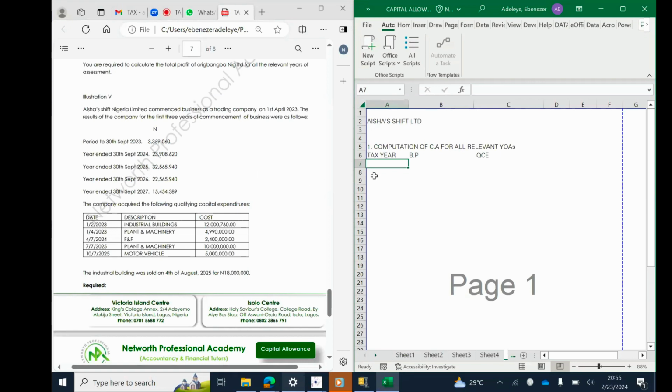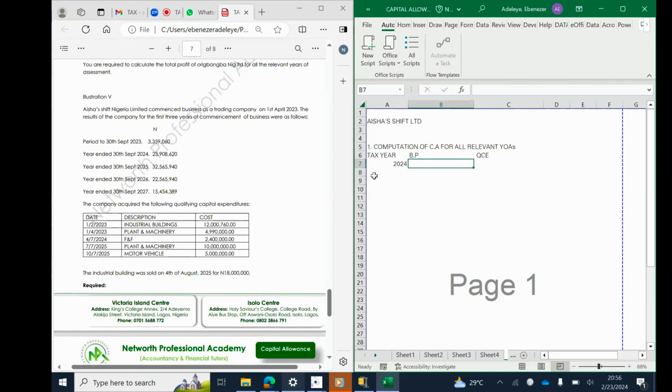So it means that the first tax year will be from 1st of April 2023 to 30th of September 2023. So what will be the year of assessment, the tax year? Someone should unmute and tell me. 2024. Are we on the same page, please?